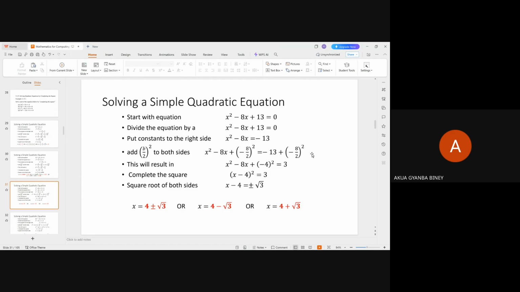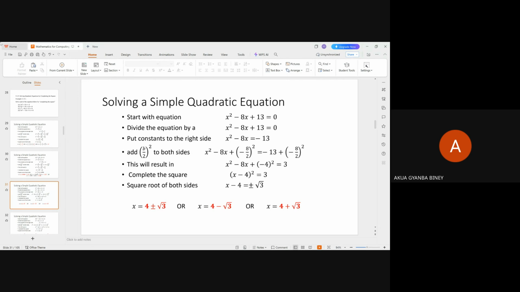Simplifying it, we get 3. So put the square together: (x minus 4) all squared is equal to 3. Making x the subject, we end up with x is equal to 4 plus or minus the square root of 3.